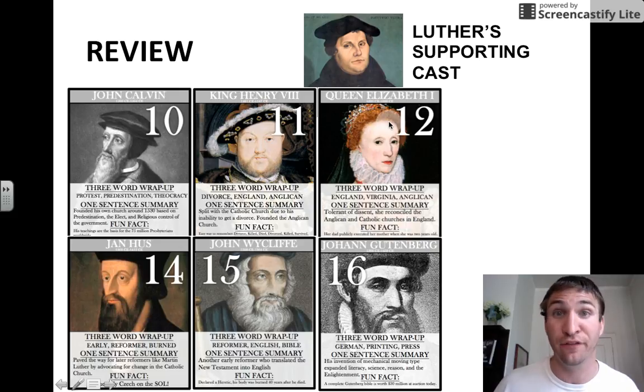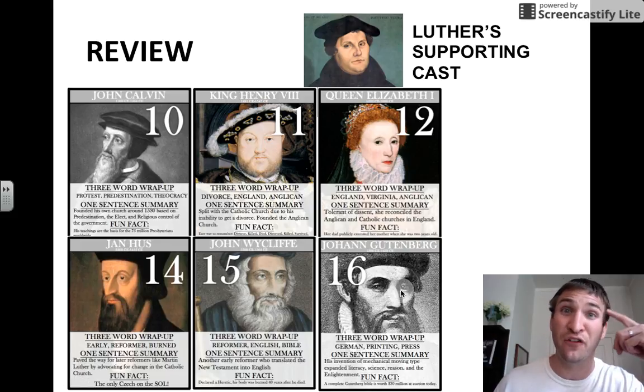Queen Elizabeth I, who tolerated both Protestants and Catholics within the Anglican Church of England. Jan Hus and John Wycliffe, who supported translating the Bible into their country's languages. And Johann Gutenberg, whose printing press printed the Bible in many different languages and increased literacy throughout Europe so that people could think for themselves about these religious matters.